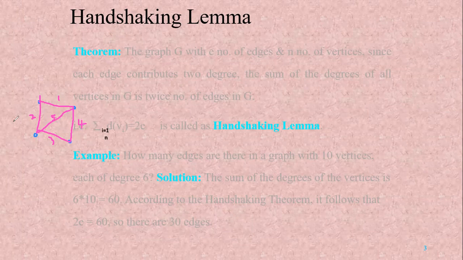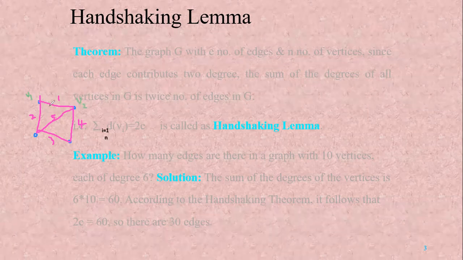Each edge contributes 2 degrees. That means, for example, edge 1 contributes 1 degree for the vertex V1 and 1 degree for the vertex V2. So every edge contributes 2 degrees.